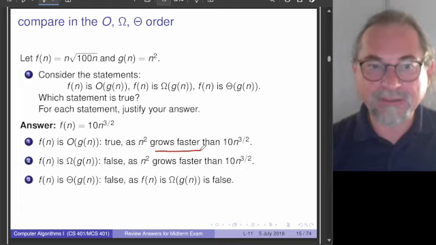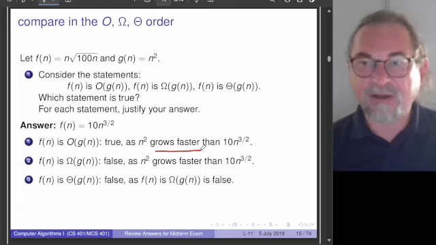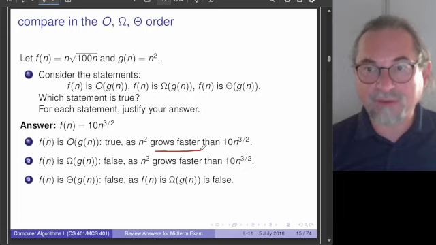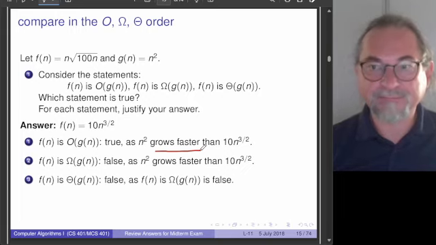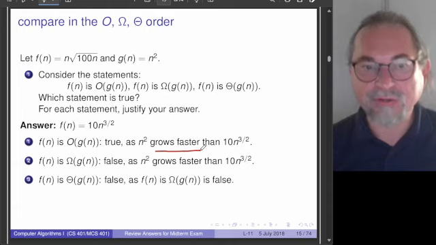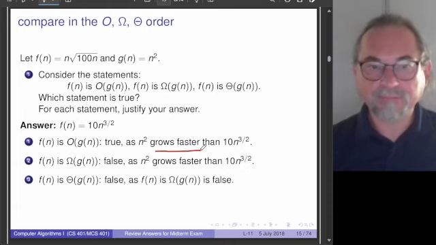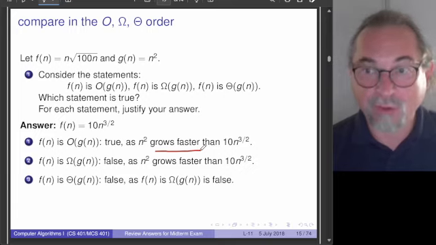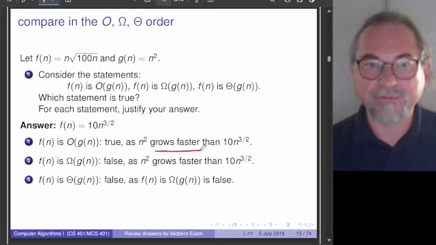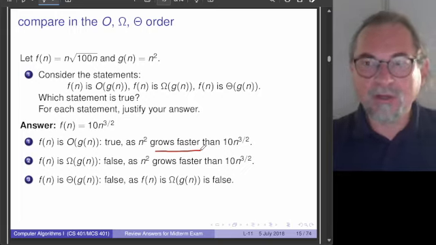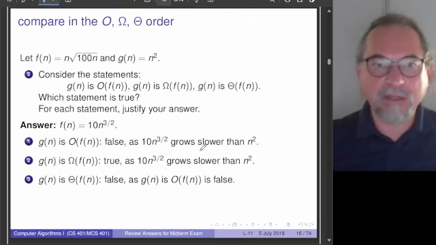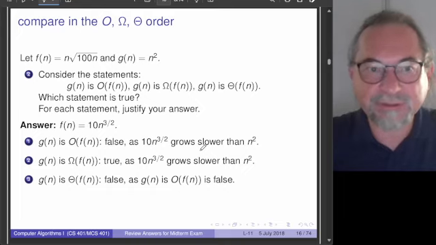But we have already shown that the quadratic is not a lower bound for the subquadratic f. So the answer to the third question is quickly given, but it incorporates the answers of the previous two.